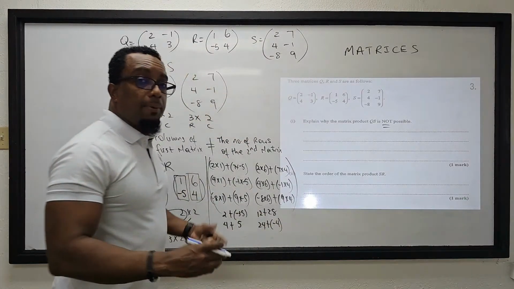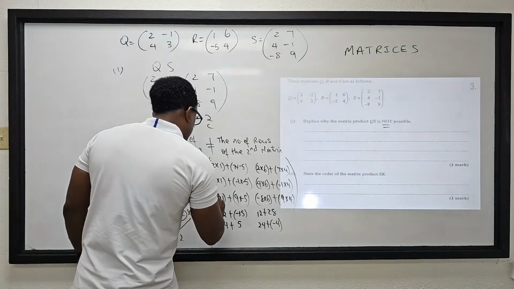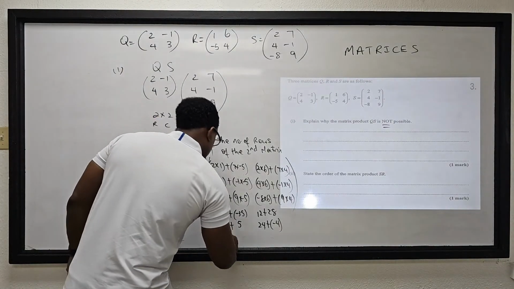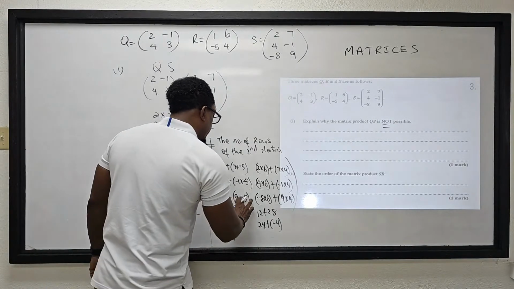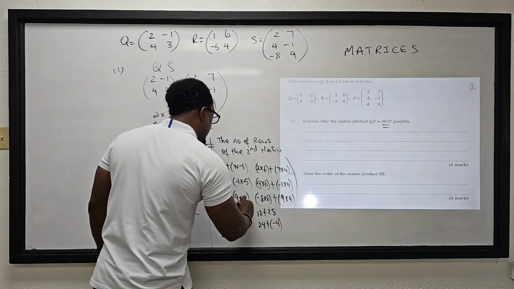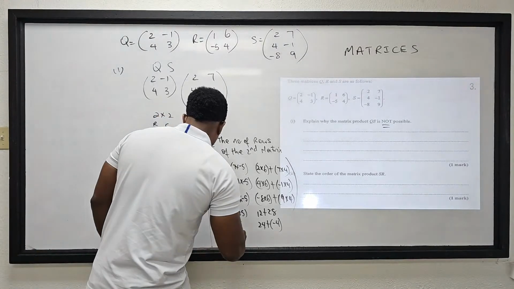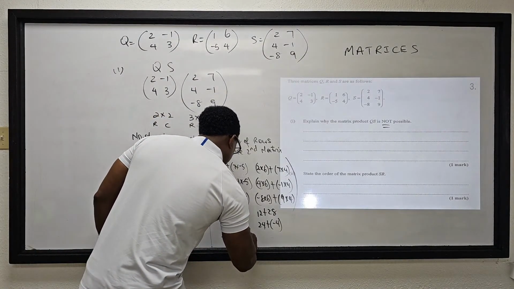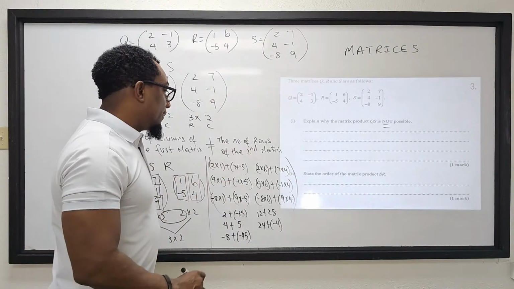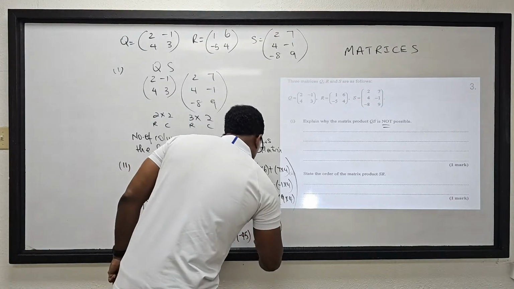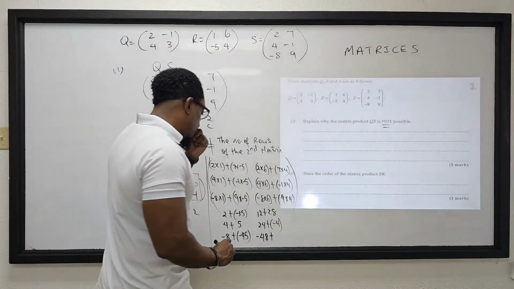I'll put negative 4 in brackets to separate two signs. Negative 8 by 1 is negative 8 plus 9 by negative 5 is negative 45, so I'll put negative 45 in brackets to separate two signs. Negative 8 by 6 will be negative 48 plus 9 by 4 is 36.